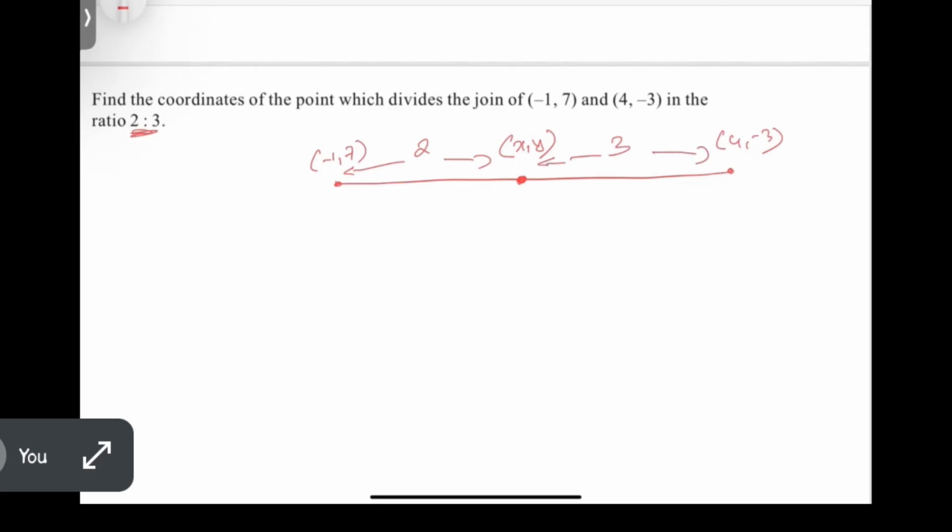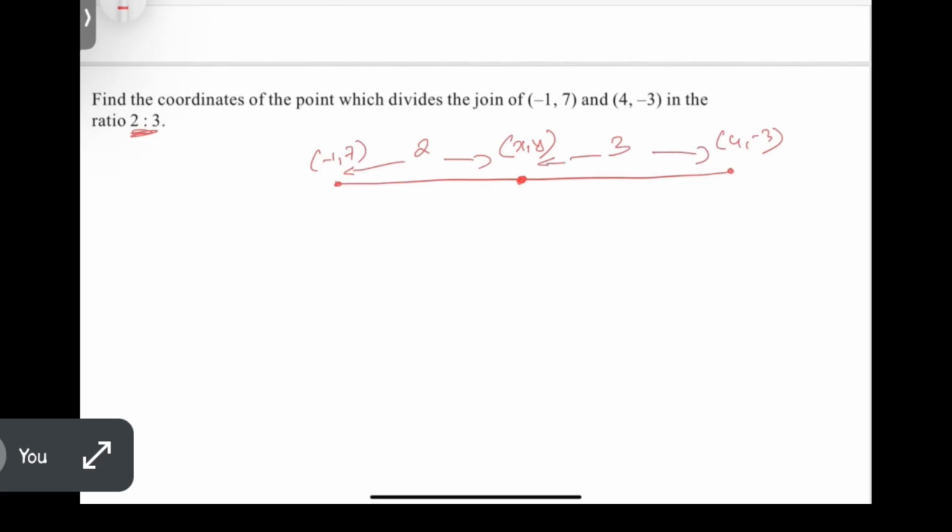Now find the coordinates of the point that divides this joint. This point is given as minus 1 comma 7, and this point is given as 4 comma minus 3, and we are asked to find the coordinates x and y of the point which divides it in the ratio 2:3. That means this part is 2 and this part is 3. So what was the formula here?